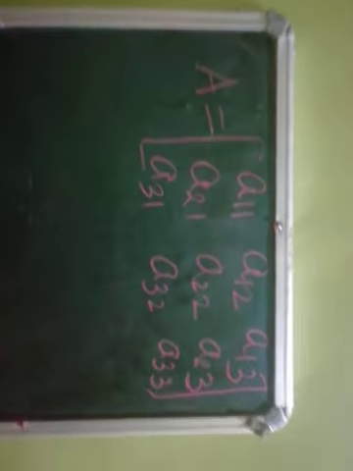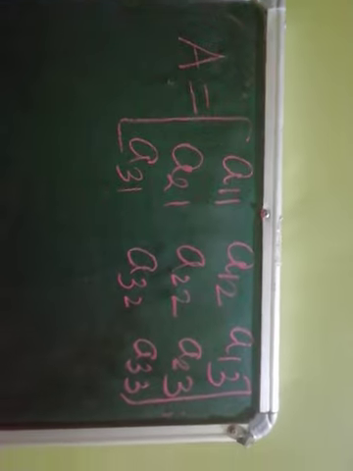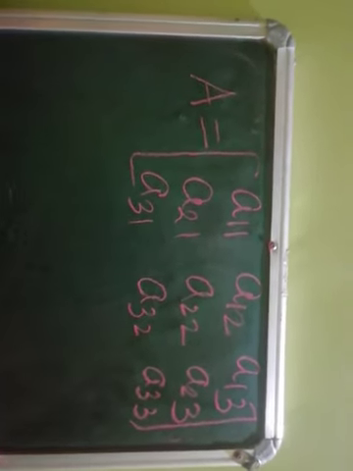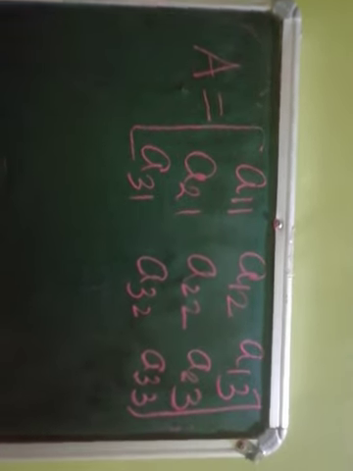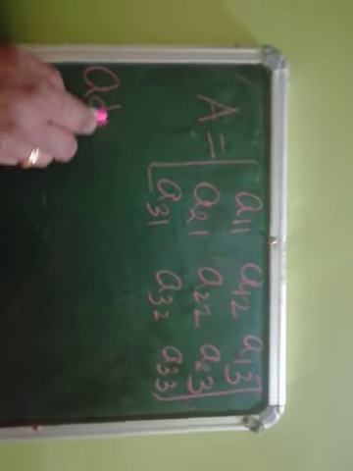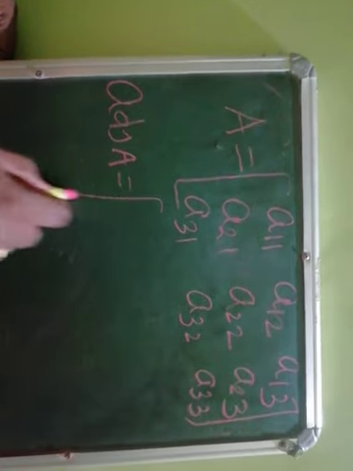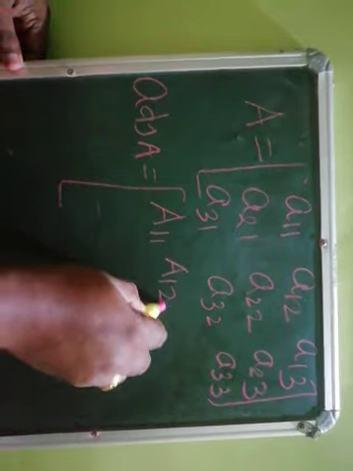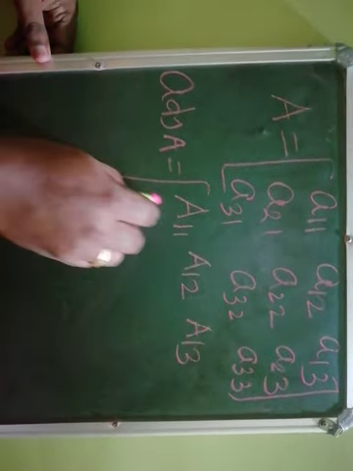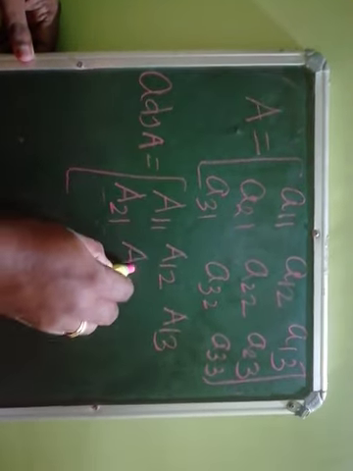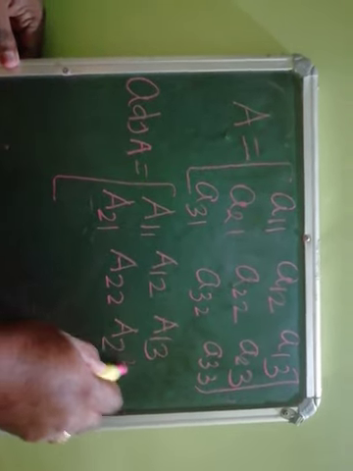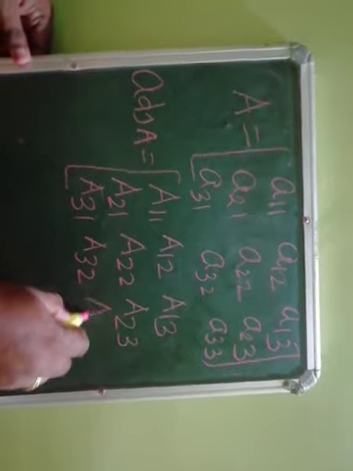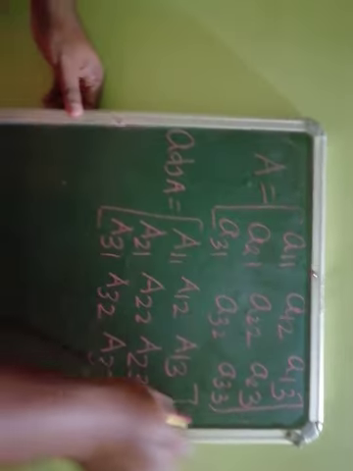Now I have to find the adjoint of this. Obviously, adjoint of A will be the transpose of capital A11, A12, A13, A21, A22, A23, A31, A32, A33, and transpose of that.